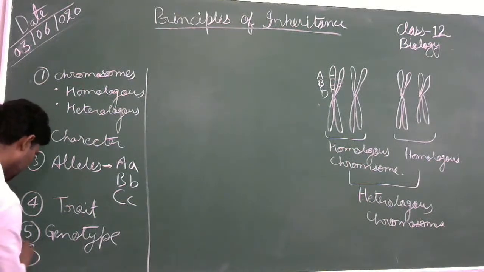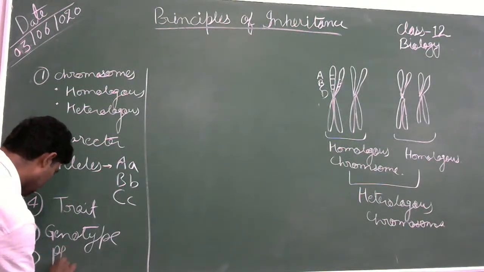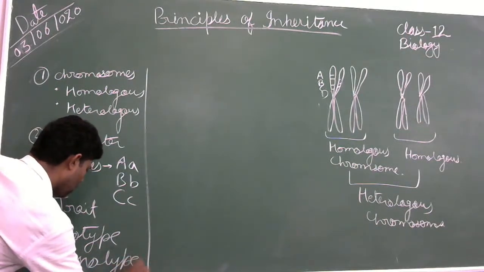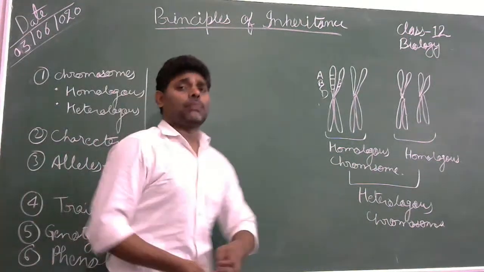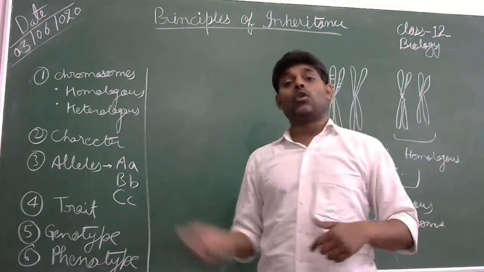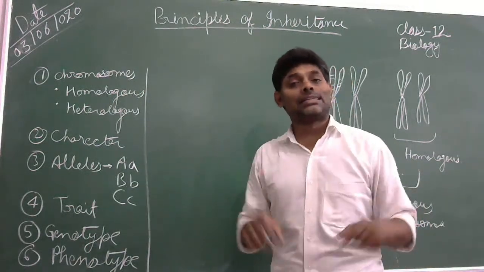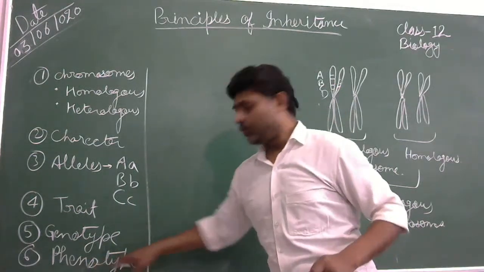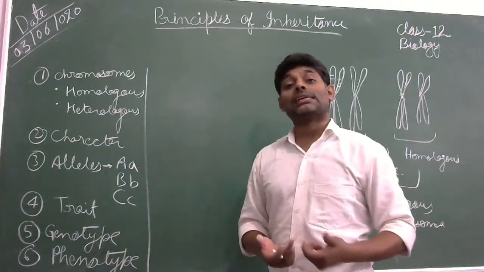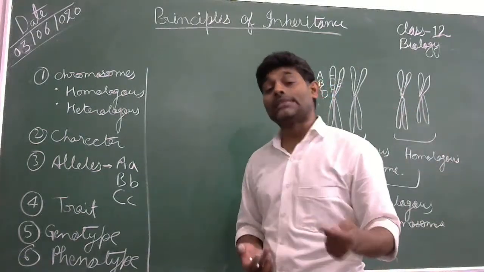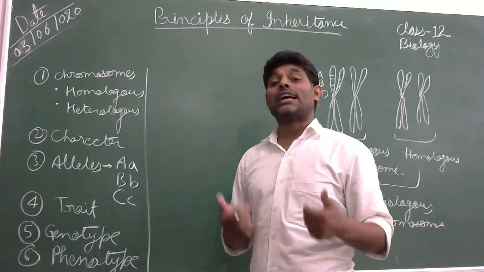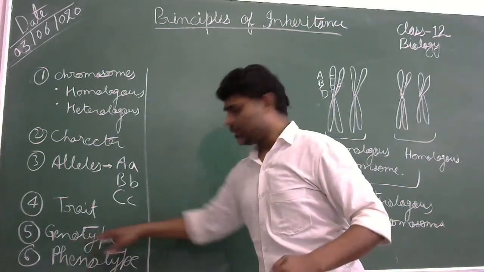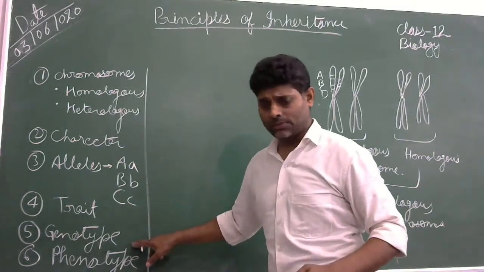And if we are considering the morphological character, suppose the color is red or white, then this is termed as the phenotypic character. If we are seeing the genes present inside the organism which are responsible for a particular character, then this is termed as the genotypic character or genotype.